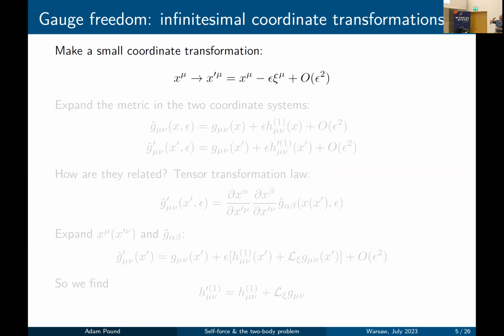And in the case of a small epsilon expansion, you can in particular have these near identity transformations. So you change from some coordinate system x mu to a new coordinate system x prime mu that is almost x, well, you have order epsilon corrections with some vector field xi.